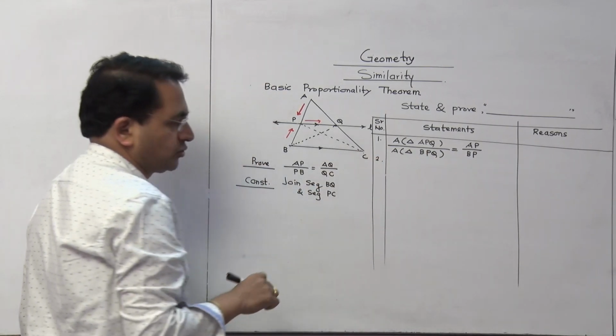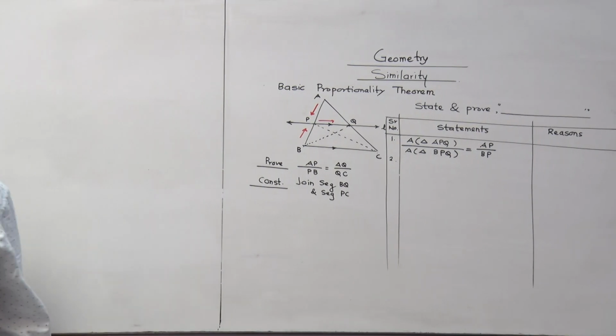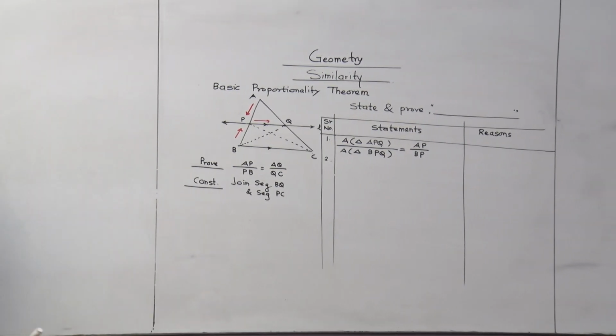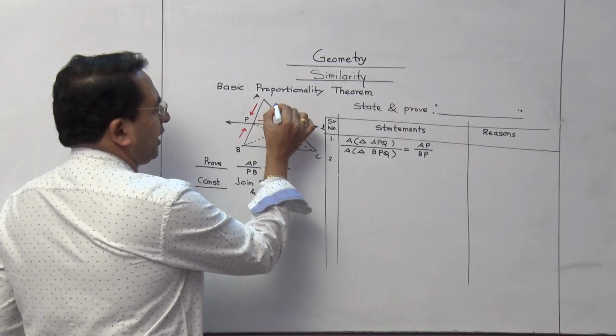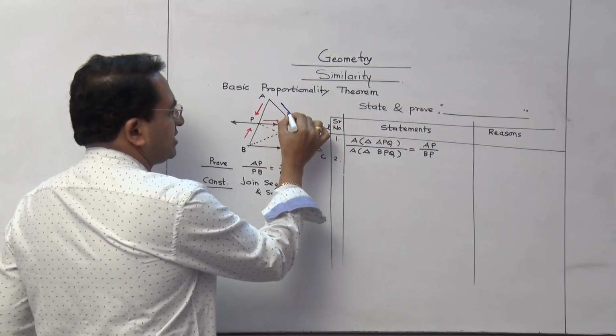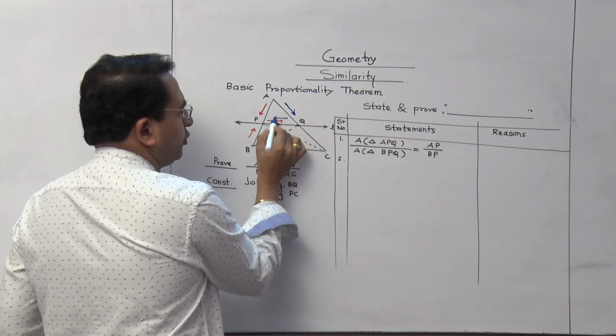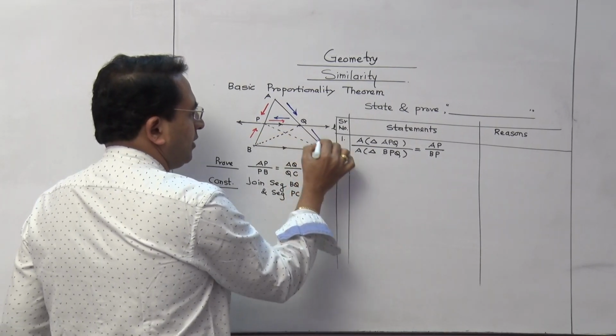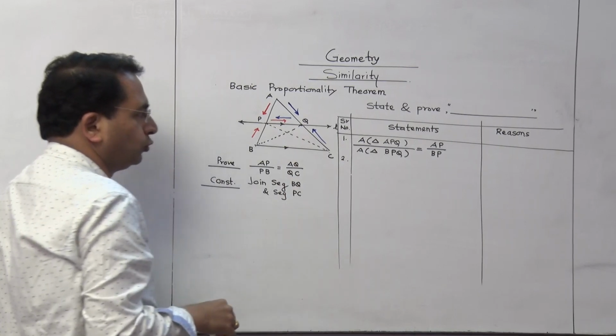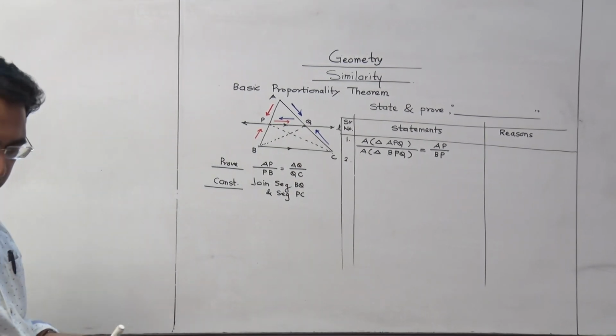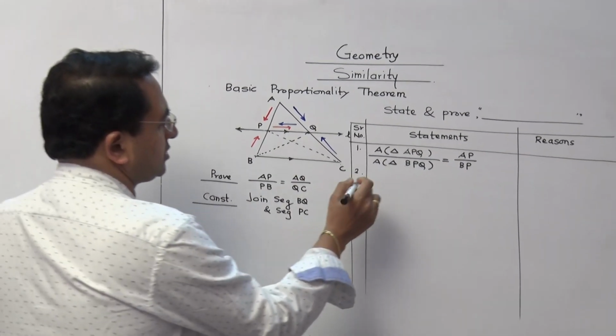Now you go for the next one. What happens in the next line? There is the other pair. You can name it like this: from A to Q and then from Q to P. Similarly, C to Q and Q to P. So what is the name of this?